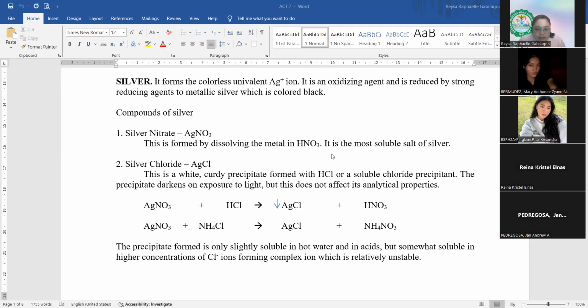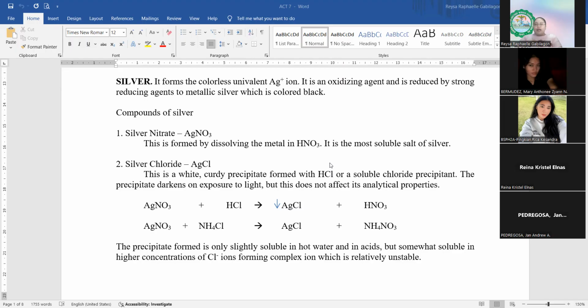Now, these are the important compounds of silver. The answers for the table, if we did not perform them during the lab experiment, are also in the worksheet. For example, for silver chloride, once it is formed, is it soluble in water or in ammonium hydroxide? The correct answers are also there. The compound of silver we used in the experiment was silver nitrate, which forms when silver metal itself is mixed with nitric acid.